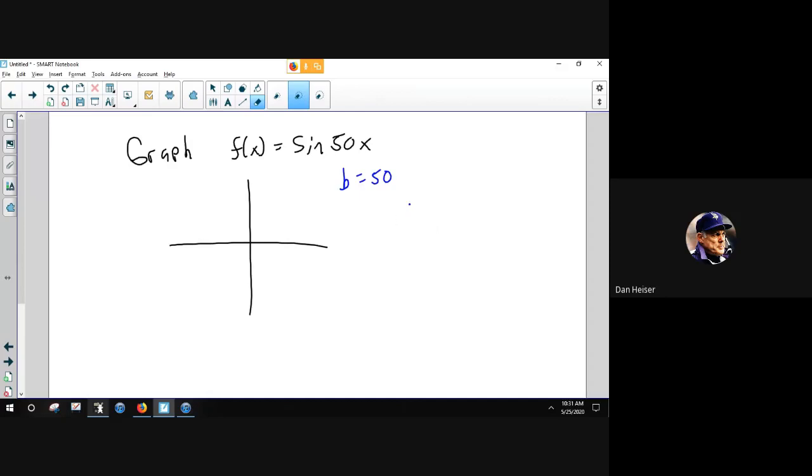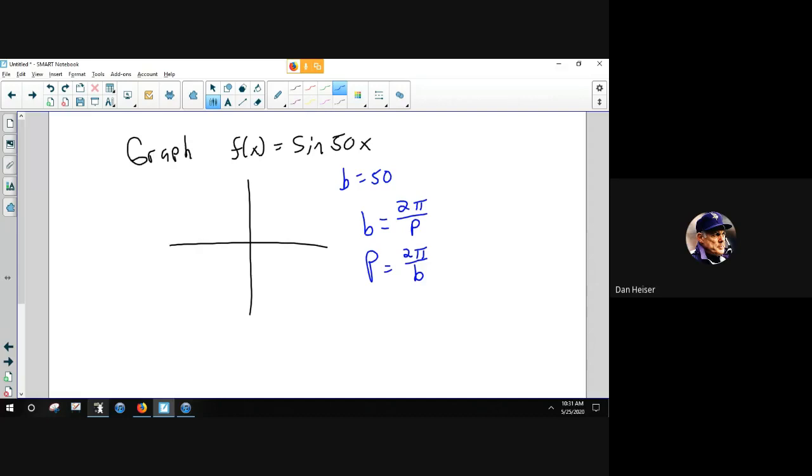Also remember, B equals 2 pi over the period, and the period is 2 pi over B.